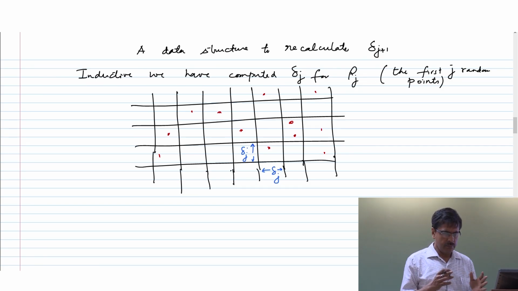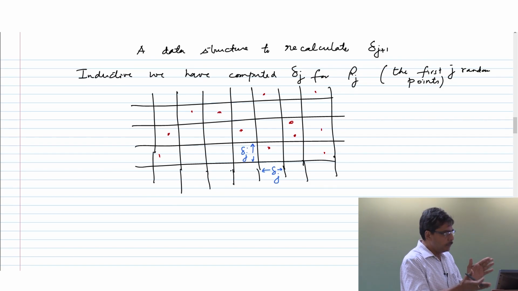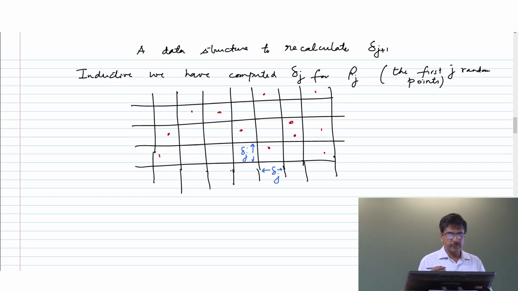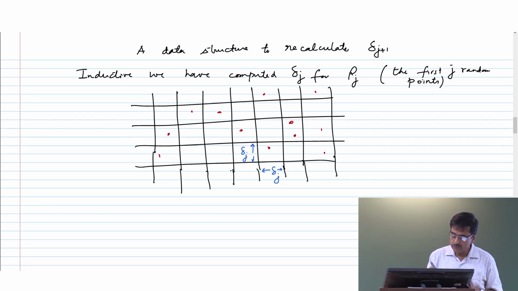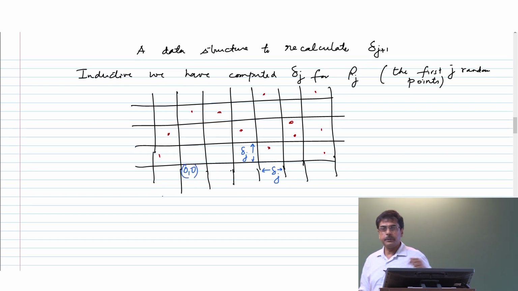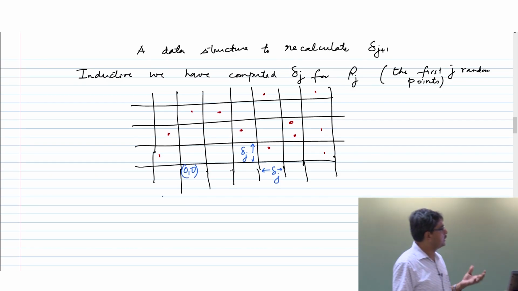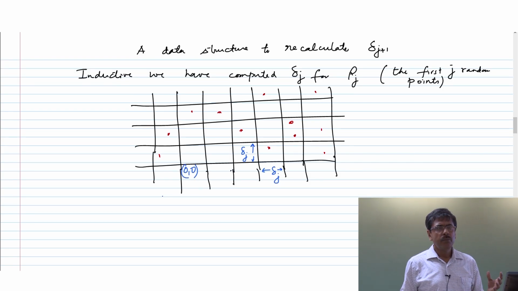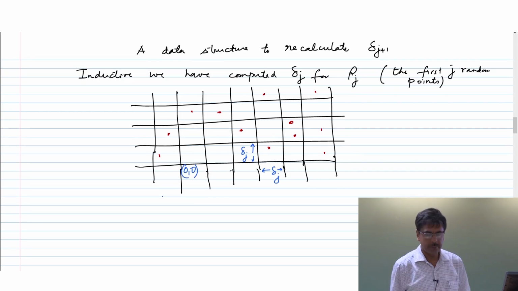We are not going to actually keep it explicitly anywhere. Let us say that it is somewhere the origin is given. Maybe this is the origin. So, the grid is basically defined with respect to this origin, and these points in Pj will fall into one of the cells of this grid. Most of the cells, of course, will be empty because it is an infinite grid and there are only j points. Okay? Most cells are going to be empty.